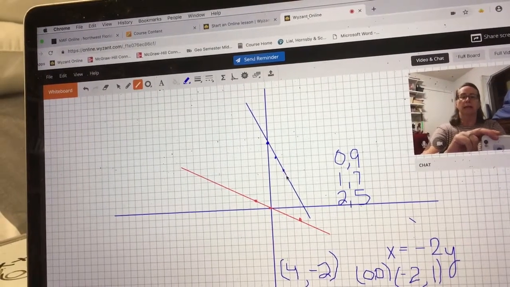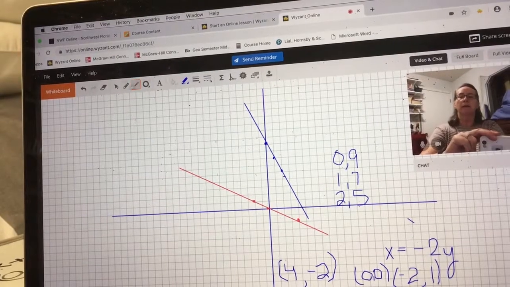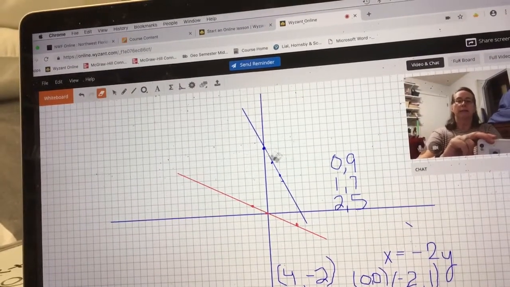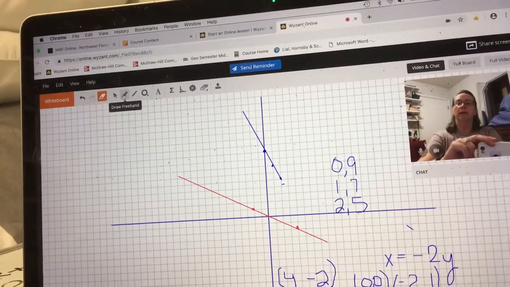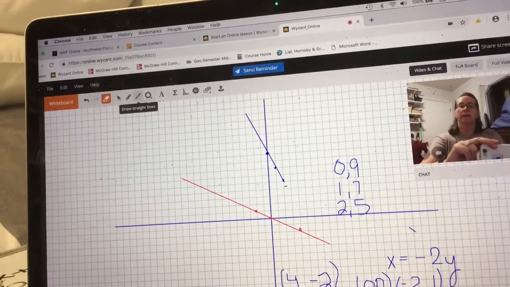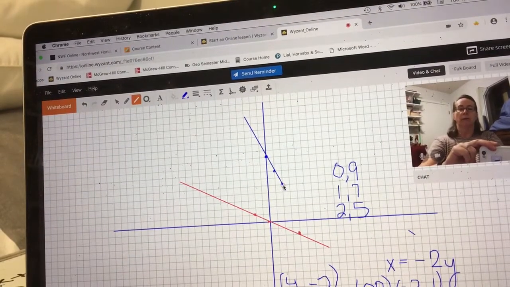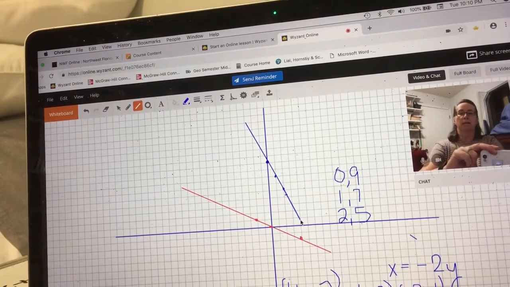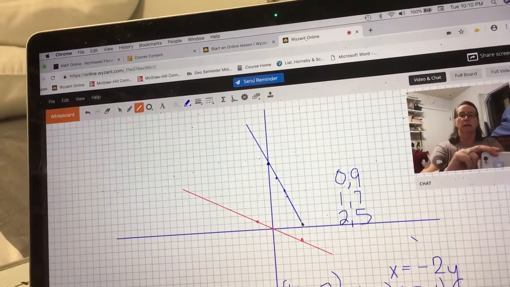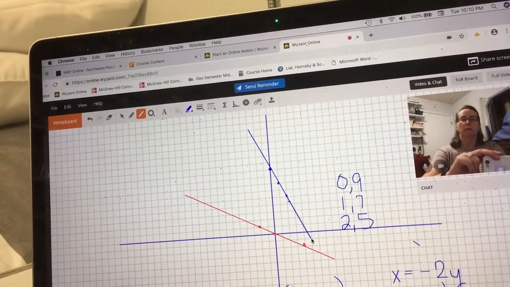So let's see if we can move this thing a little bit, because I think I probably ran off the track a little bit there. So it's going down 2 over 1, down 2 over 1, down 2 over 1, down 2. There we go.